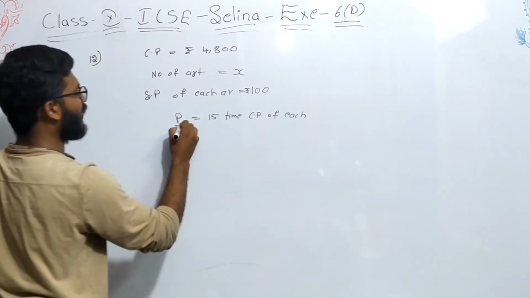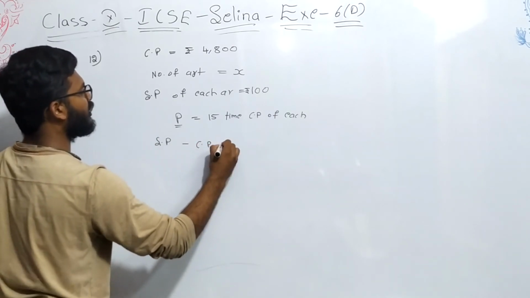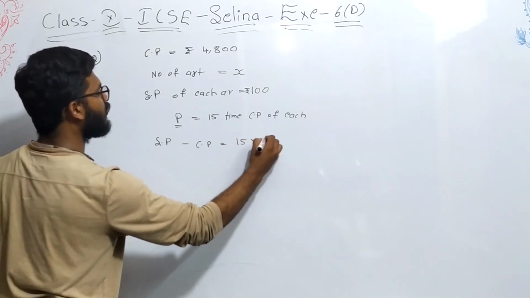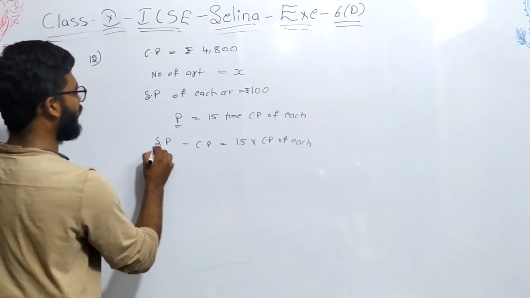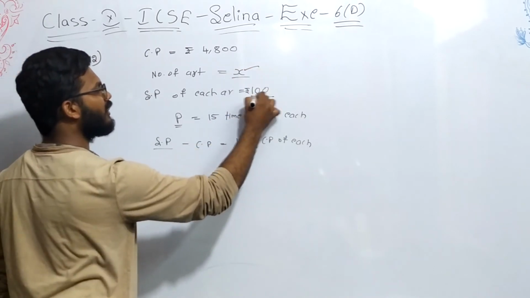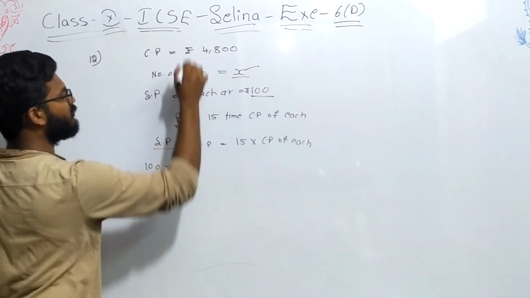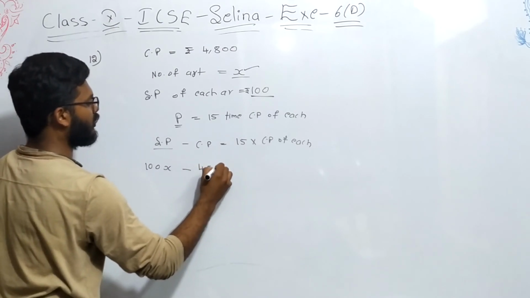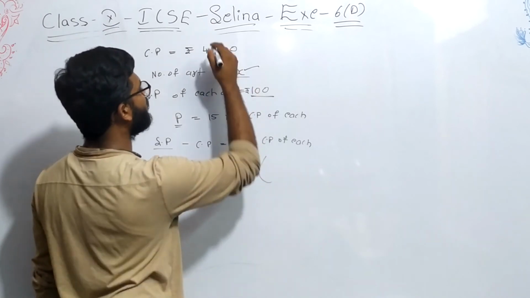So we know profit is how much? Selling price minus cost price. That is equal to 15 into cost price of each. So what is the selling price here? There are x articles and selling price of each is 100. So 100x minus CP, we know 4800, is equal to 15 into cost price of each.